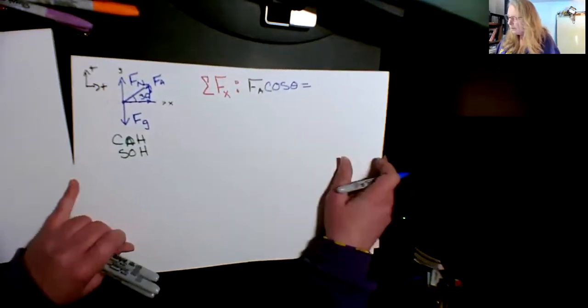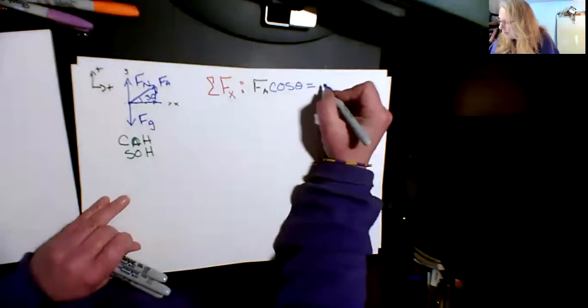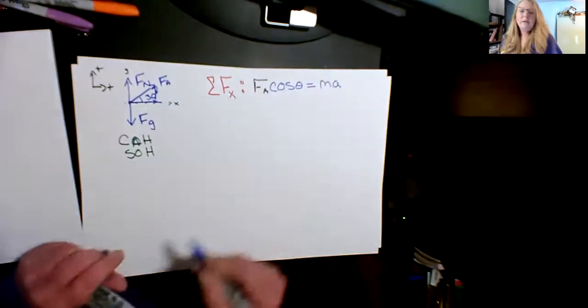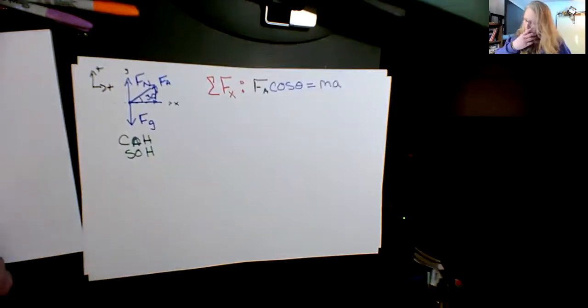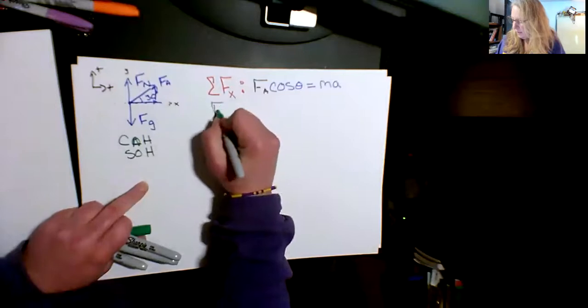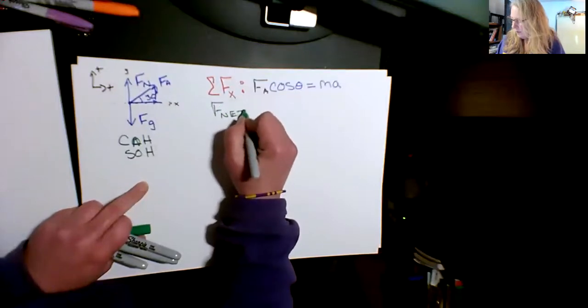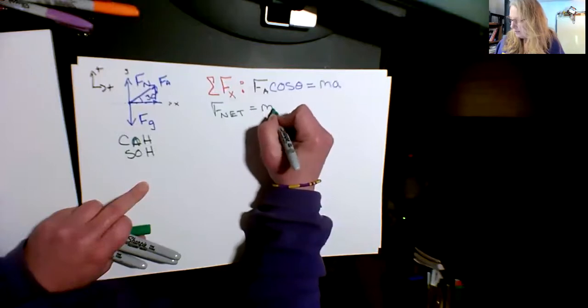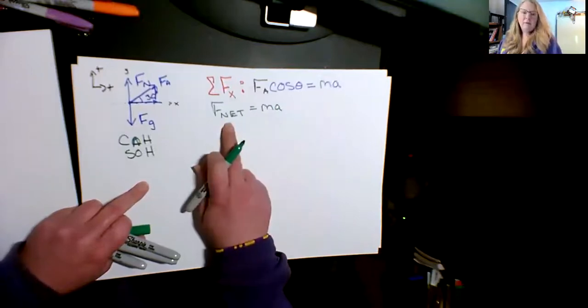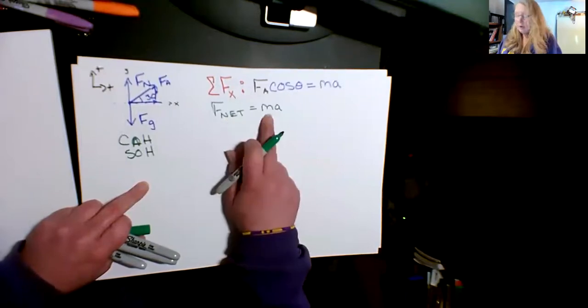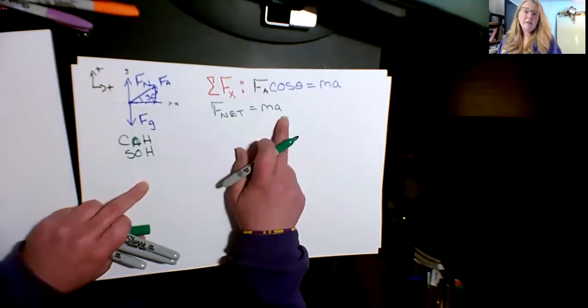So here's a new thing that I'm going to introduce right now: if it's accelerating, then I have mass times acceleration. I'm going to repeat that. If I have a net force, that mass is going to accelerate. So whatever this is acting on, if I have a net force, I'm causing some mass to accelerate.